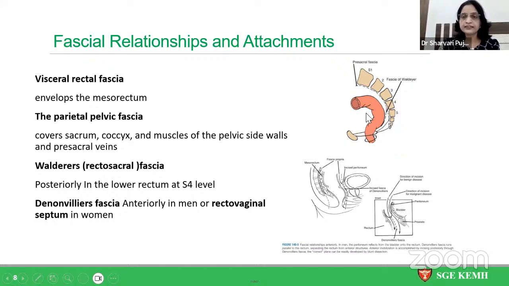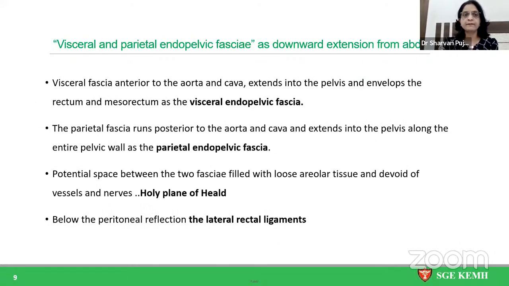Whereas anteriorly, this visceral fascia is reflected on the prostate as Denonvilliers' fascia in men, or as the rectovaginal fascia in females. These visceral and parietal endopelvic fascia can be considered as downward extensions from the abdomen.